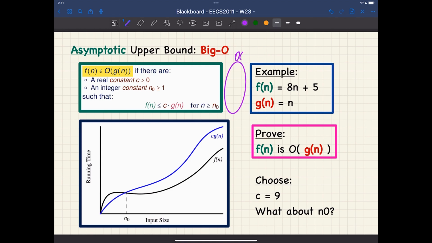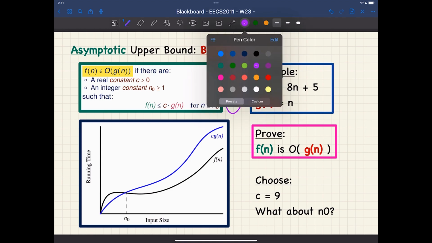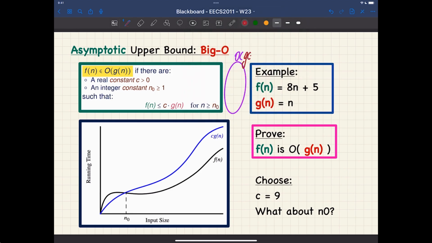This is big O of g(n), and I want to prove that f(n) is just a member of that. That's what we want to show. And we want to find two things. One thing is a constant c that's larger than 0. Another thing is n0 that's larger than or equal to 1.